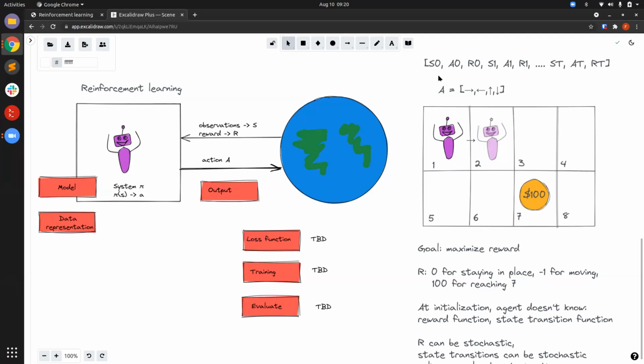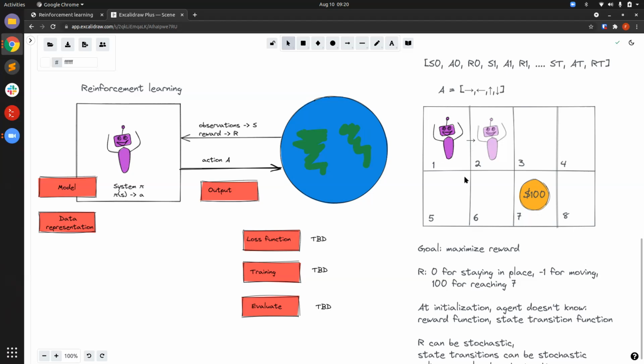So what are some things I might try to be learning in this environment? In the case of supervised learning, it's very obvious what we're trying to learn. We're trying to learn labels. In the reinforcement learning case, what is it we're trying to learn?